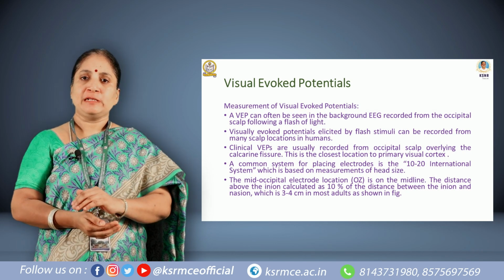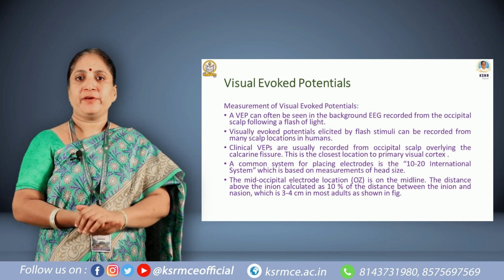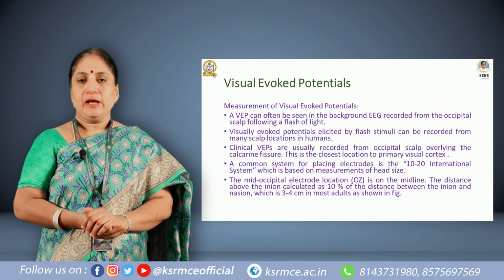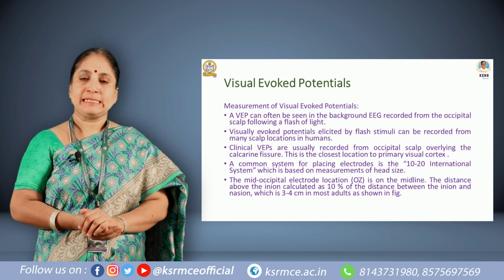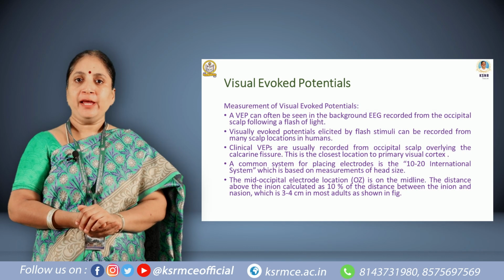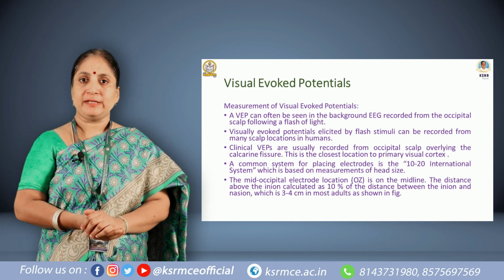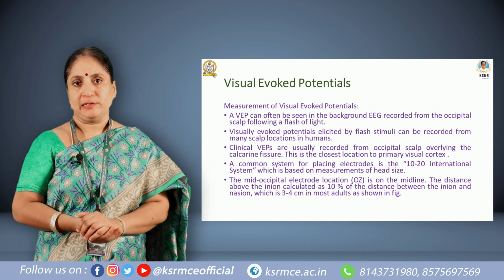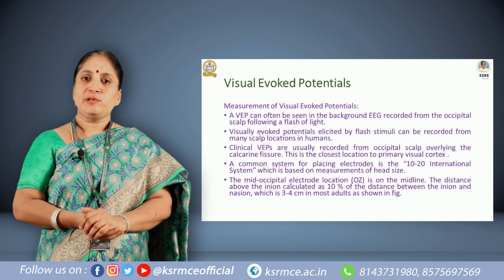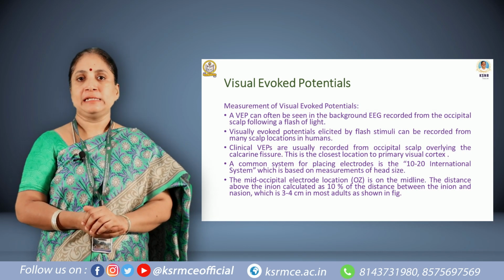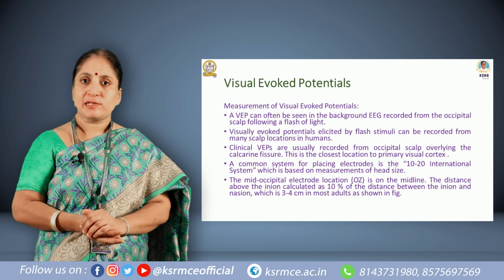Now, let us discuss the measurement of the visual evoked potentials. Visual evoked potentials are measured similar to the way of measuring the EEG. The electrodes are placed on the scalp in a similar way as for the EEG, and we use the 10-20 international system for placing the electrodes.